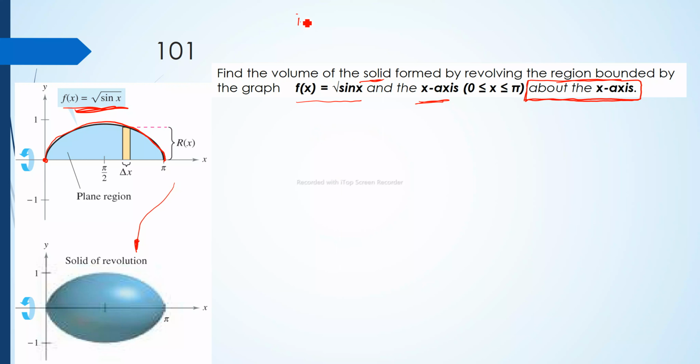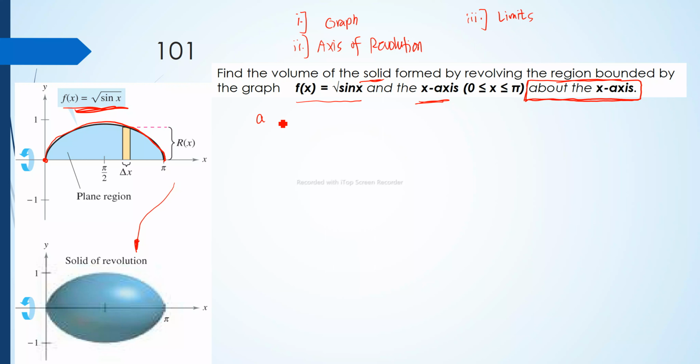So first, you graph, if no graph is given. Next, determine the axis of revolution. After determining the axis of revolution, next you determine the limits.